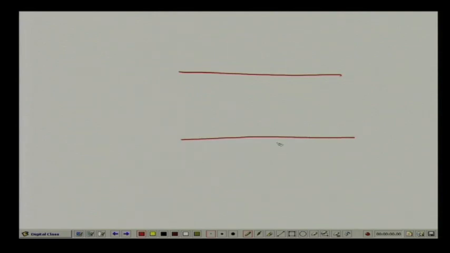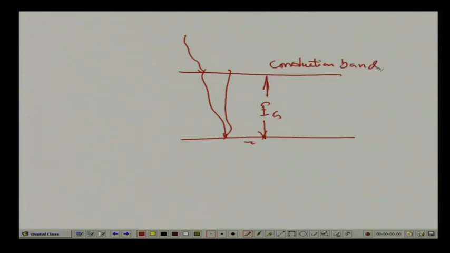When the light falls, some of the electrons come here. This is the forbidden gap energy Eg. So, this amount of energy must be supplied so that the electron will come to the conduction band. This is the conduction band, and this is our forbidden gap energy.